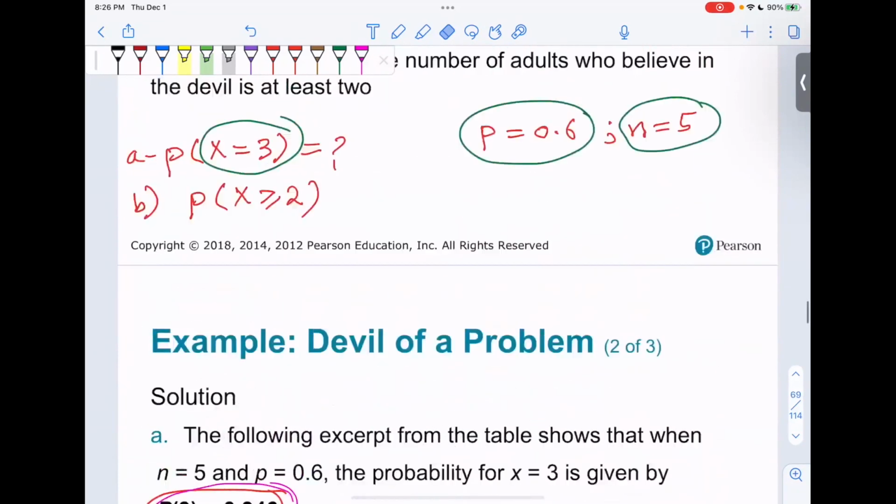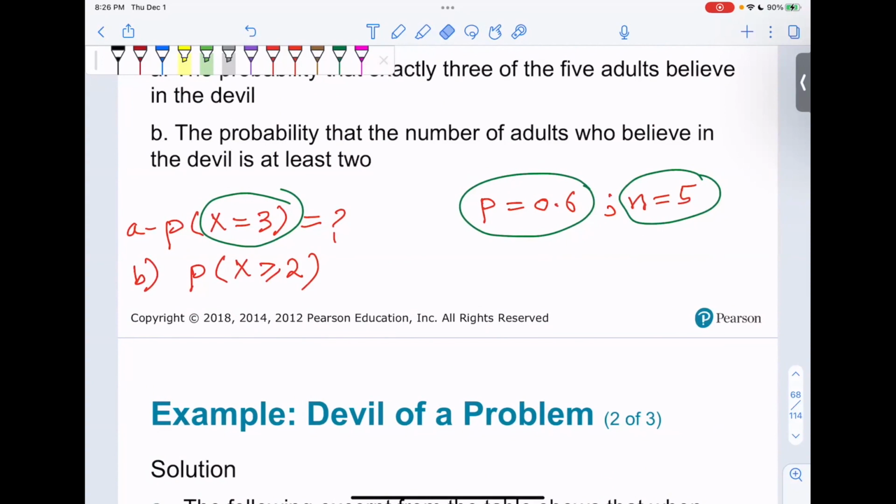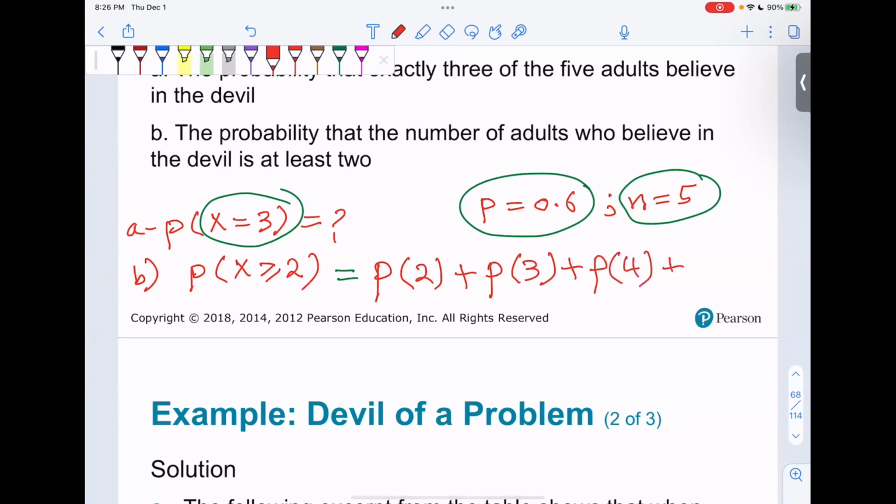Probability X at least equal to 2, sorry. So it will be P(2) plus P(3) plus P(4) plus P(5), right?